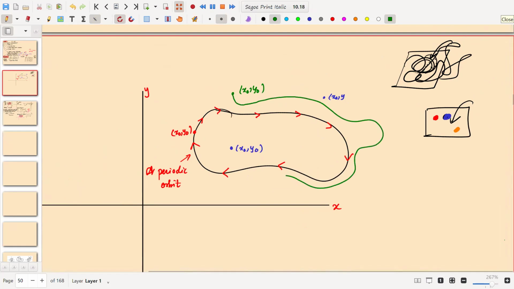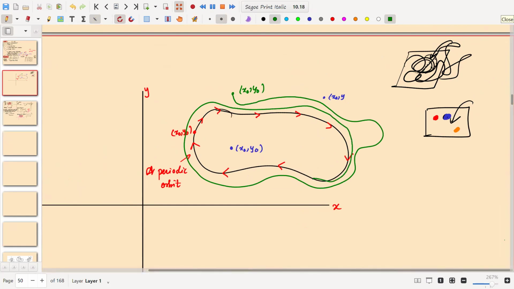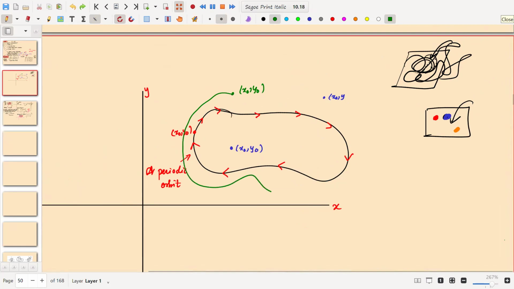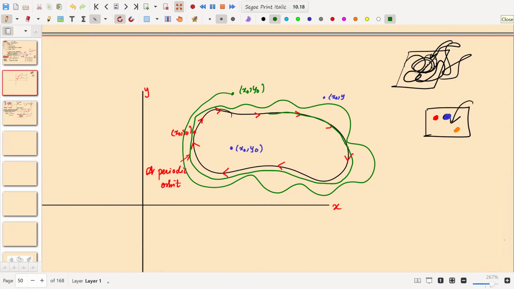It can do any sort of thing you like, but slowly it will become one of them, right? It cannot be inside. I hope you understood this concept.